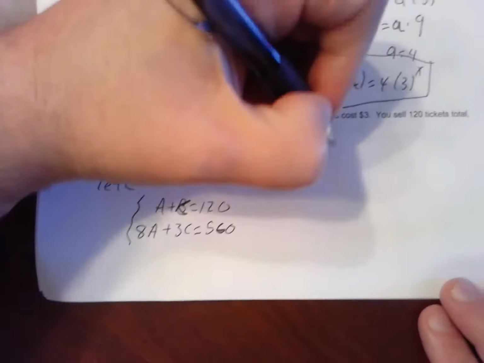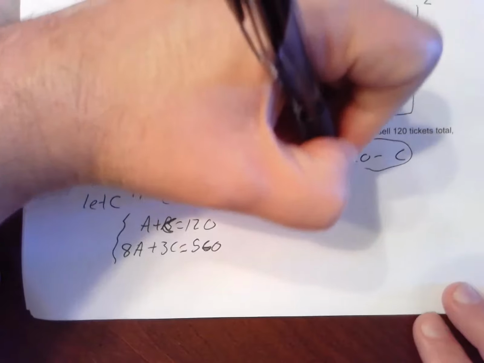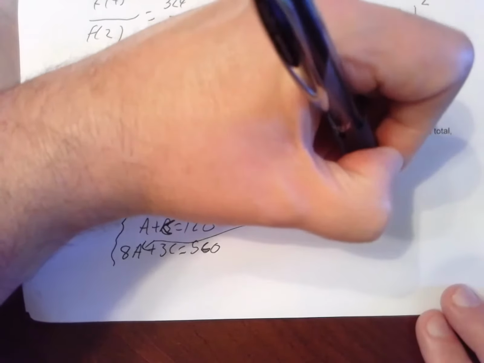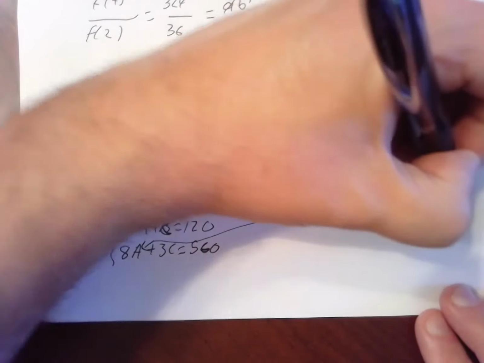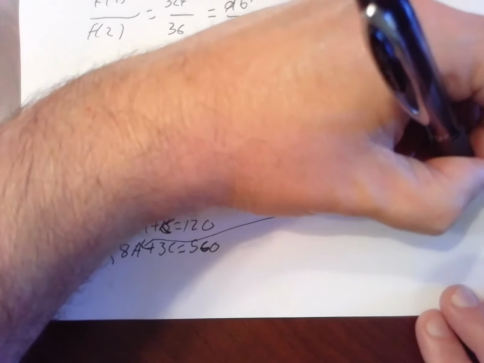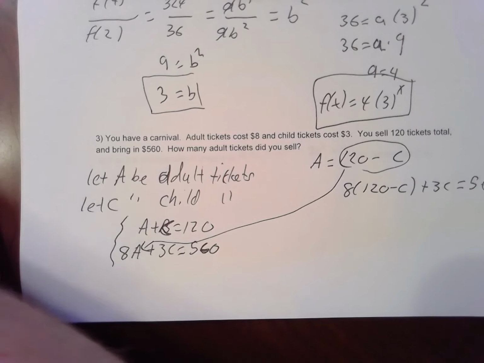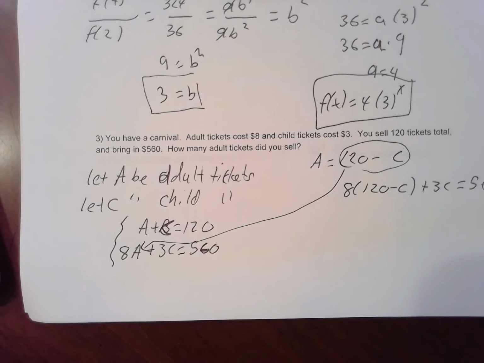So A would be 120 minus C. Take that and plug that in there. 8 times 120 minus C plus 3C should be 560. What's 8 times 120? 960 maybe? Let me check that. Should have paused, but now you're listening to me type. 8 times 120 is 960, yes.